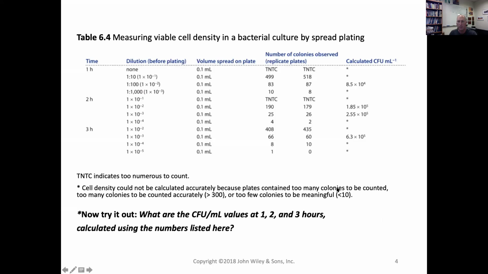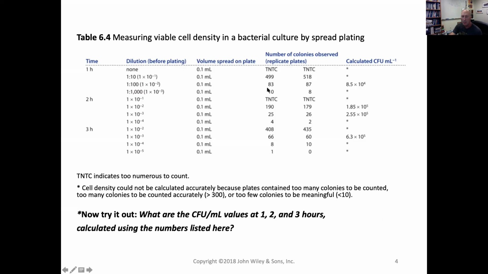Go back to sharing our screen now. Let's go back to that PowerPoint slide. Okay, right? So in this calculation here, say for this 1 to 100 dilution, 83 colonies, that would be on the top of your calculation, right?